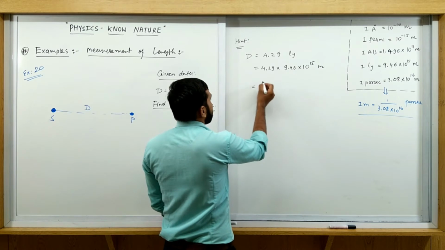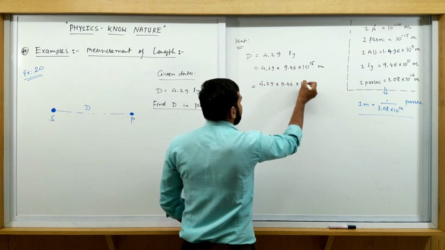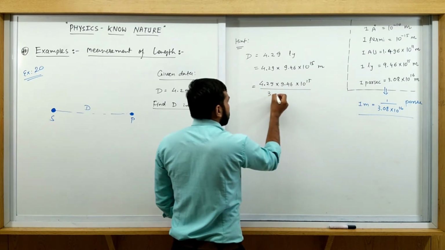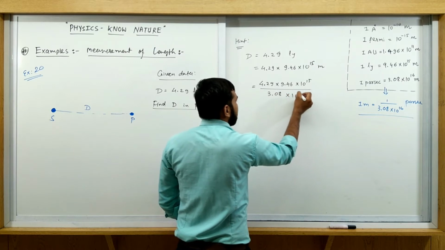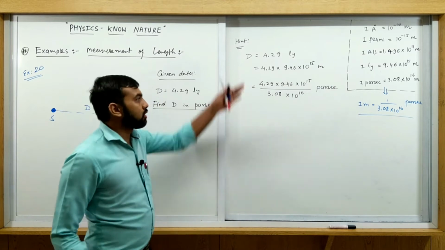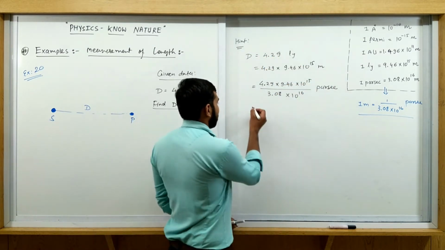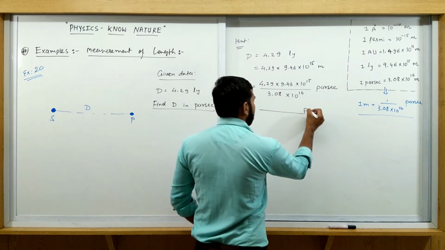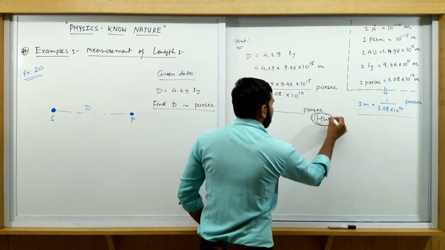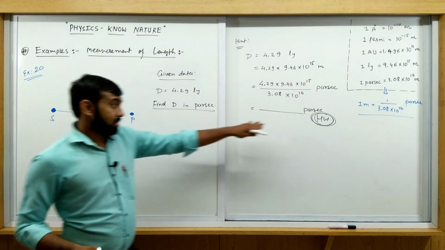It is equal to 4.29 into 9.46 into 10 raised to 15 upon 3.08 into 10 raised to 16. This answer is in parsec. Means you convert the light year into meter first, now meter is converted into parsec. So the remaining calculation is in homework. So first problem is this one: convert the D into parsec.